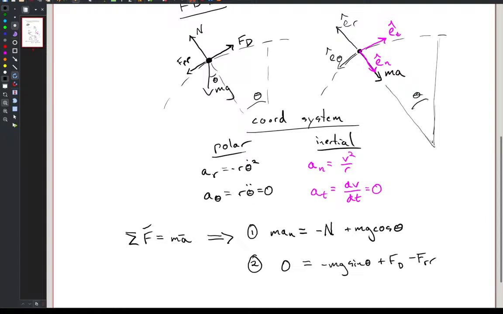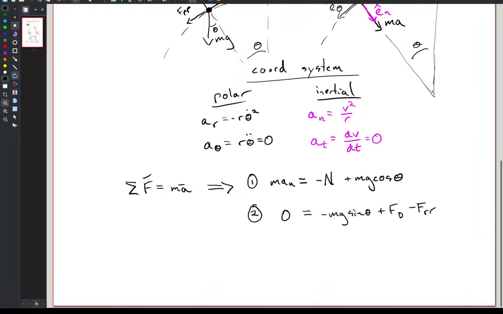We're trying to figure out max speed, just assuming that we can get as much power as we need. So equation 2, we can just say it's there, but we're not going to use it. So m v squared over r is mg cosine theta minus N.